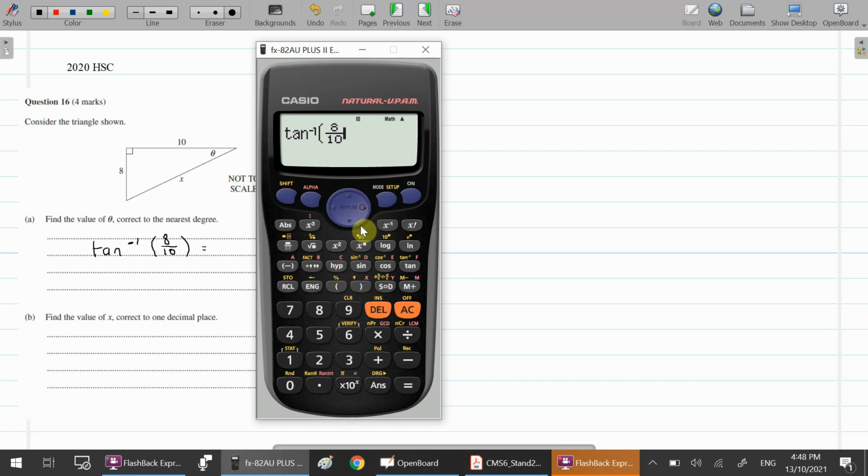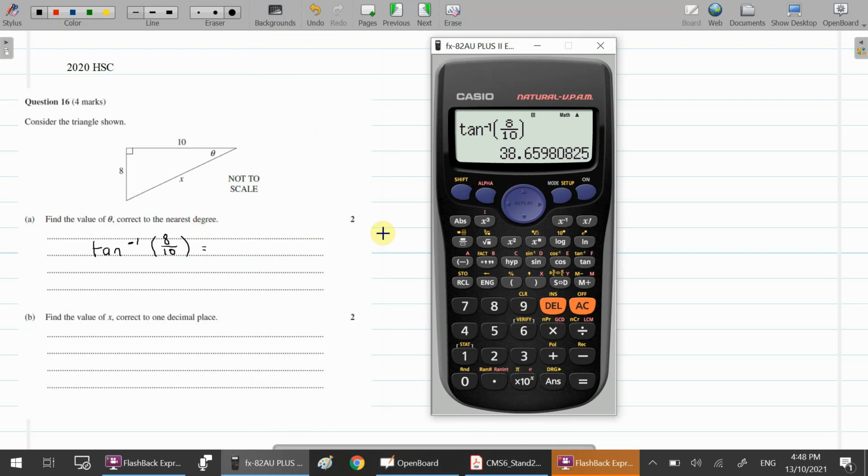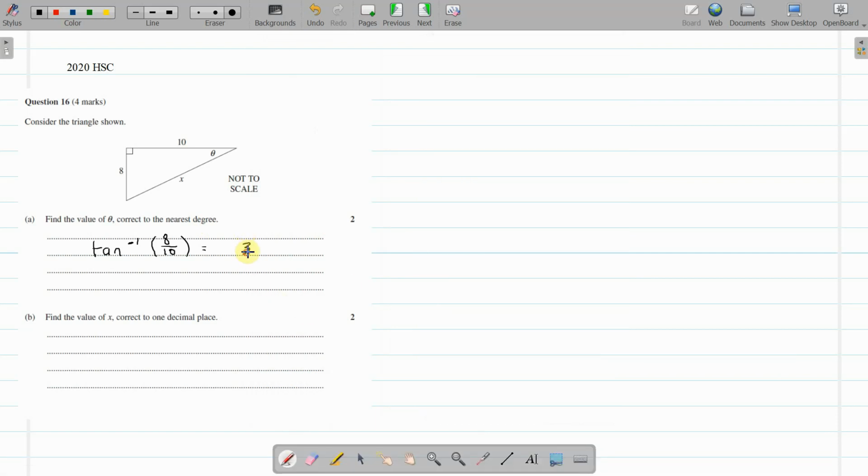Can't simplify it. Doesn't matter. We're doing it to the nearest degree. To the nearest degree looks like it's 39. Okay, there's an easy 2 marks.